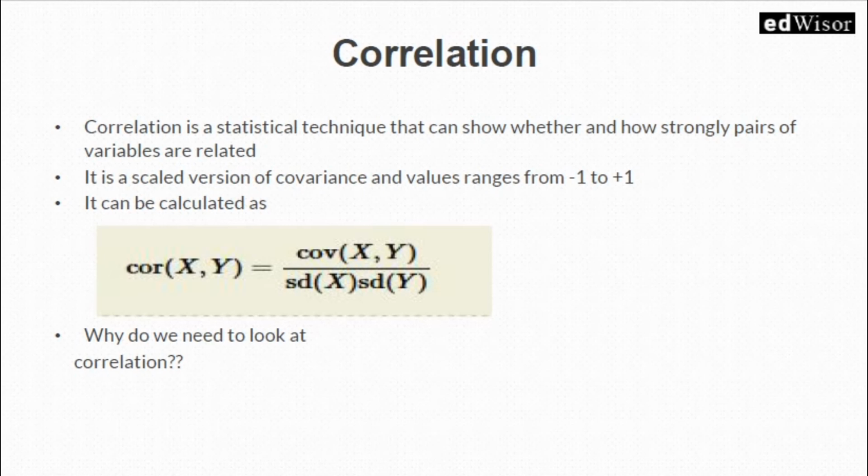Now let us understand why we need correlation. We go for correlation to avoid redundant information in the model. Let us understand the importance of correlation from the model perspective. Suppose I have 10 independent variables and I want to build a model on top of them.